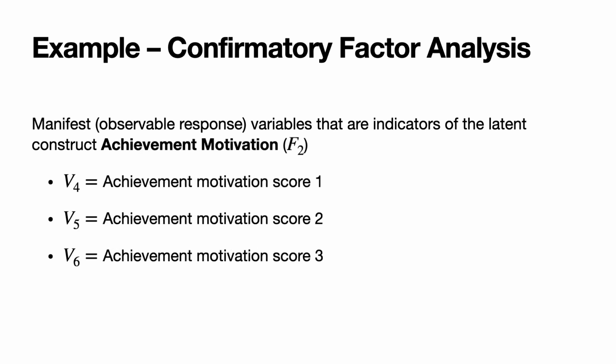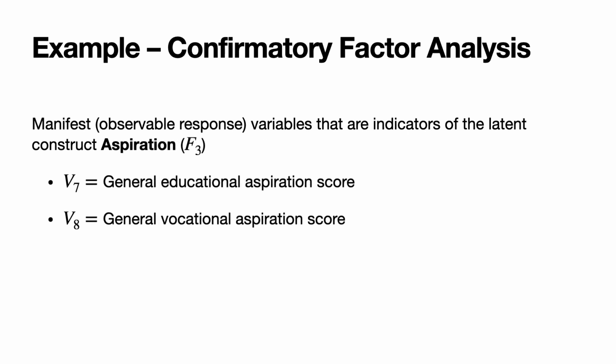The manifest variables that are indicators of the latent construct achievement motivation, or F2, are the three achievement motivation scores, V4, V5, and V6. And finally, the manifest variables that are indicators of the latent construct aspiration, or F3, are V7, the general educational aspiration score, and V8, the general vocational aspiration score.